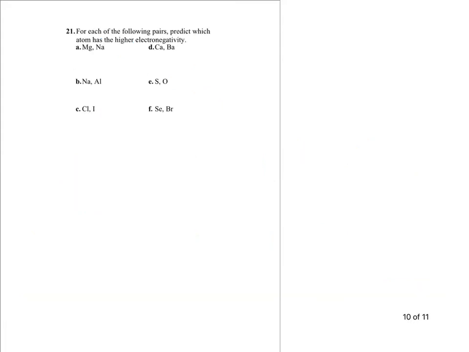And the highest electronegativity. So we've got magnesium, aluminum, chlorine, calcium, oxygen, and bromine.